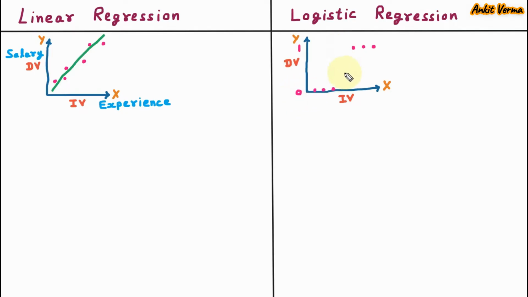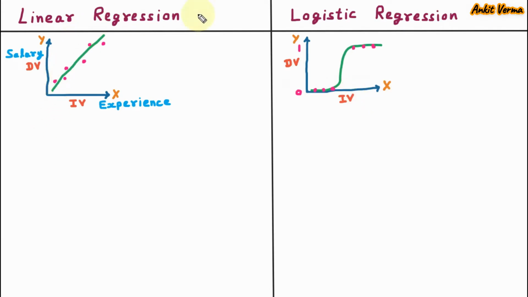So there are only two possibilities. That's why the curve is S-shaped. Just like the result of an exam can be either pass or fail. If we pass, that means we are on 1. If we fail, we are on 0.